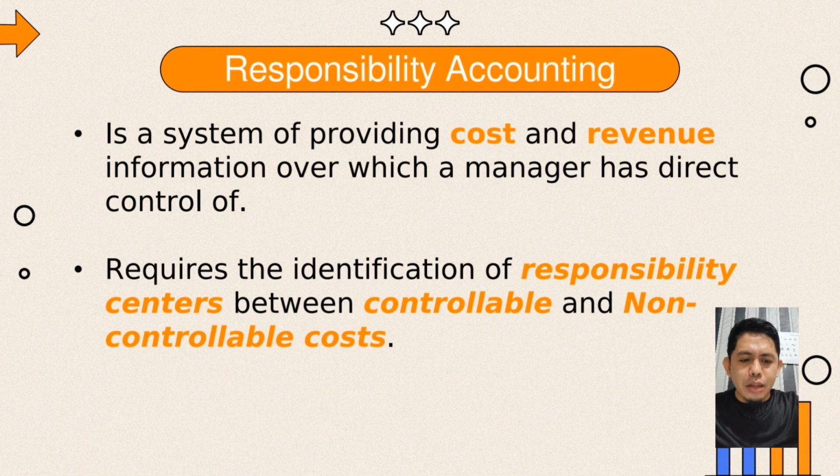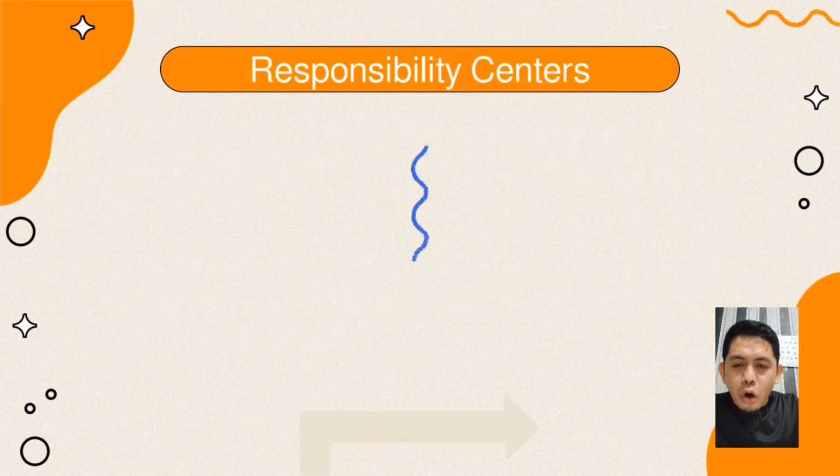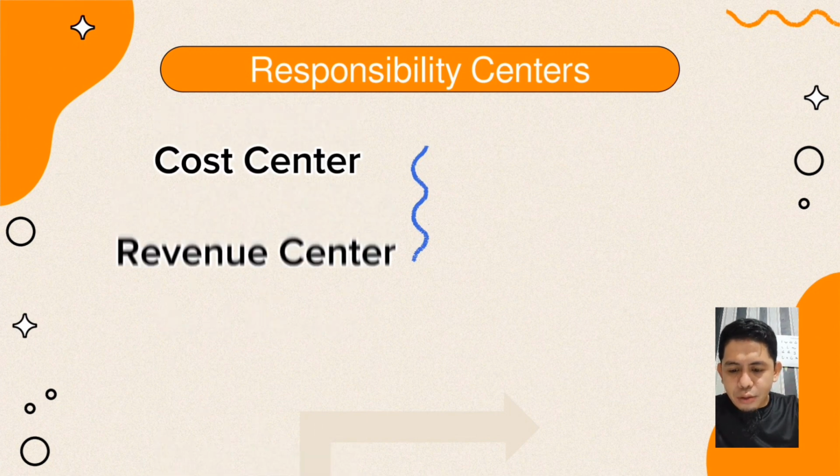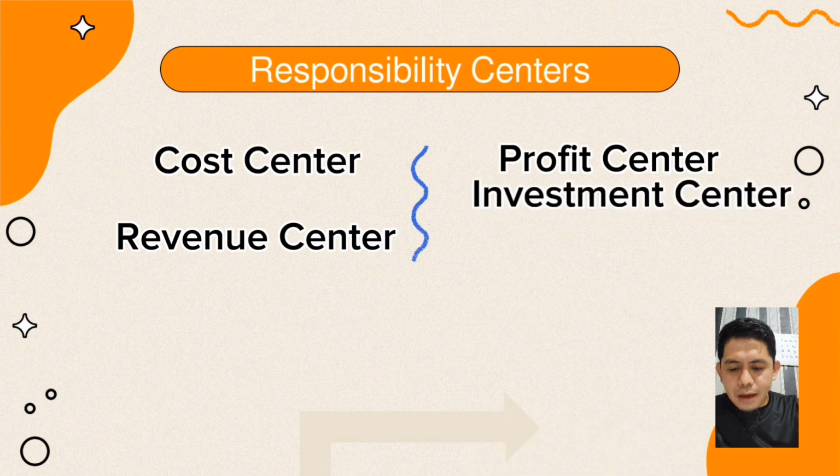Sa isang responsibility accounting system ay hinahati mo dito yung organization into responsibility centers, and these responsibility centers are given autonomy so that you can evaluate them based on certain criteria. So hinahati mo ang iyong organization into, first is the cost center, revenue center, profit center, and investment center.